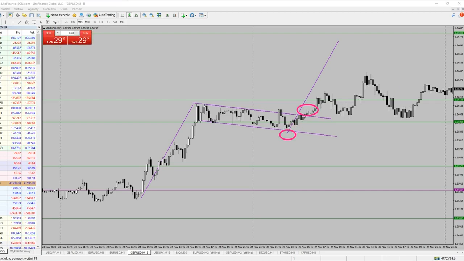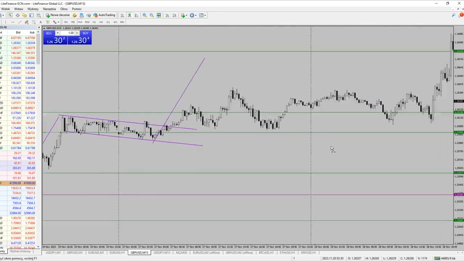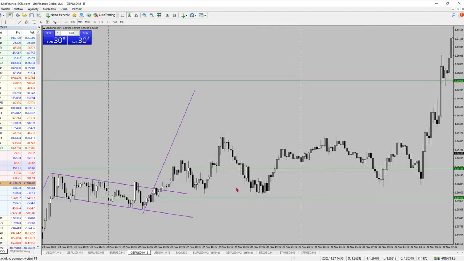So that indicates that 1, 2, 3, even 4 risk reward ratio could be in place when it comes to this particular strategy. And as you can see, we never got below our stop. We were trying to build the support, and easily we hit the target in that particular case.